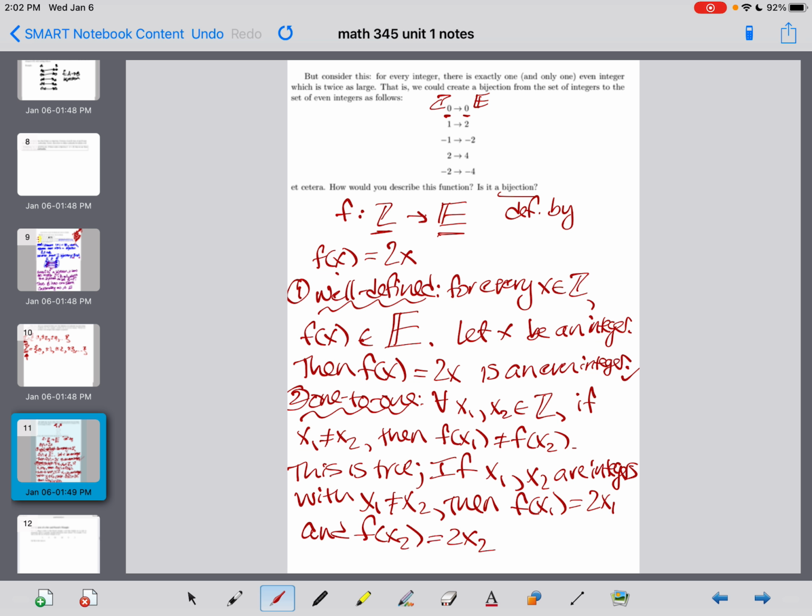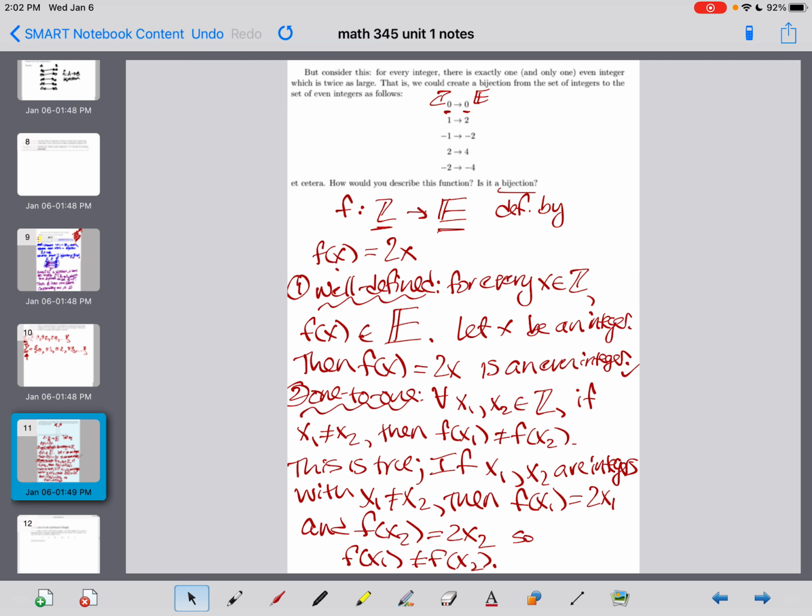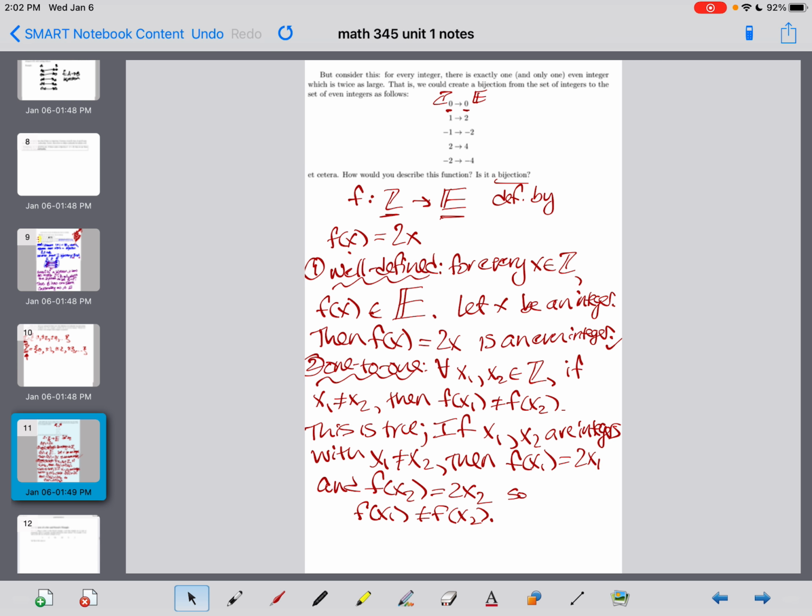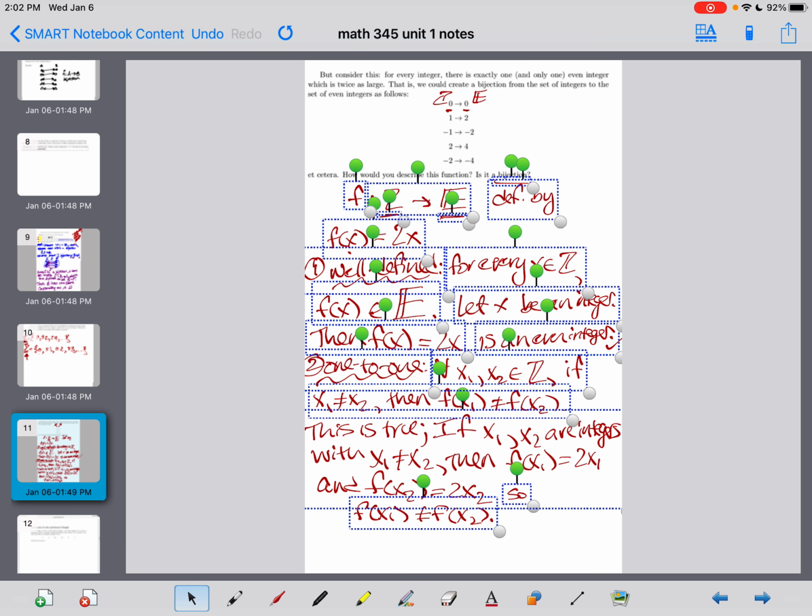And since x1 is not equal to x2, then 2 times x1 is not equal to 2 times x2. So f of x1 is different from f of x2 as well. Excellent. So this is going to be a one-to-one function. It takes two different inputs and gives me two different outputs.